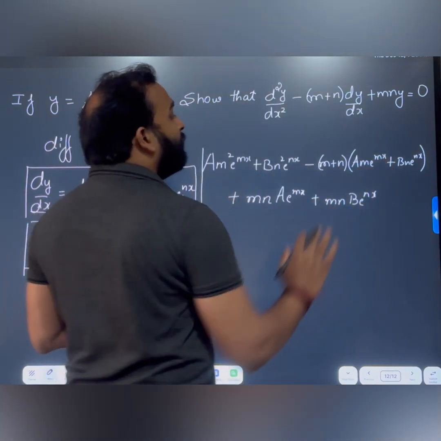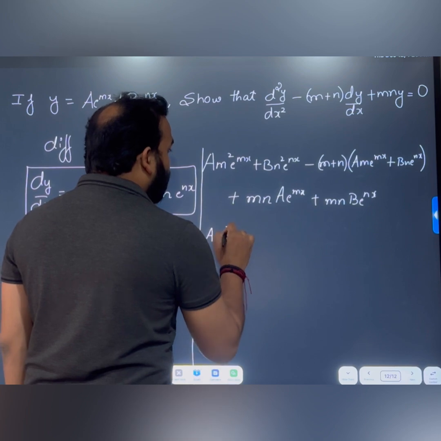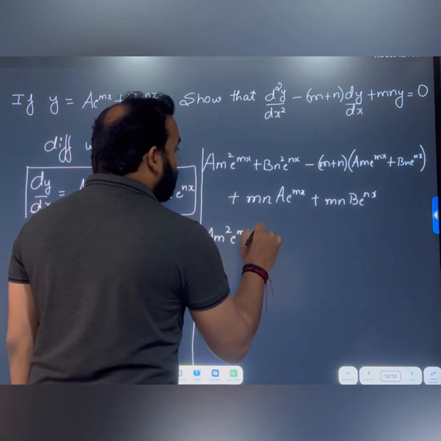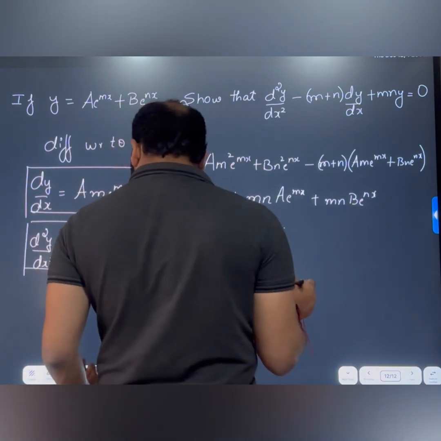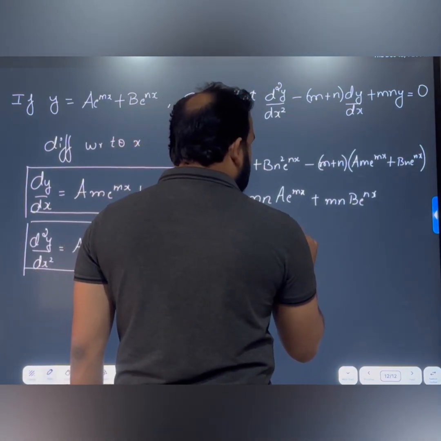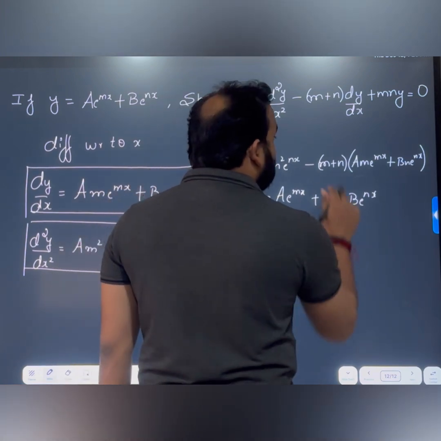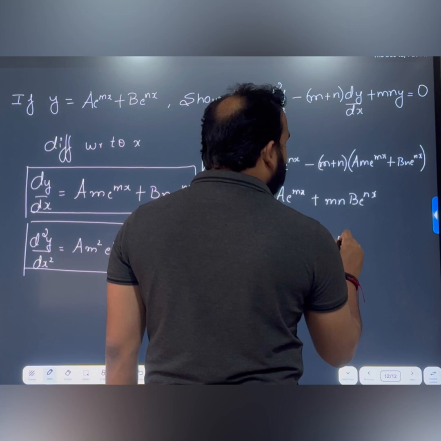Now we have to just open the bracket, simplify, and check what we are getting here. What happens here? It becomes a into m square e power mx plus b into n square e power nx, minus, multiply m with m, it becomes a into m square e power mx, correct?